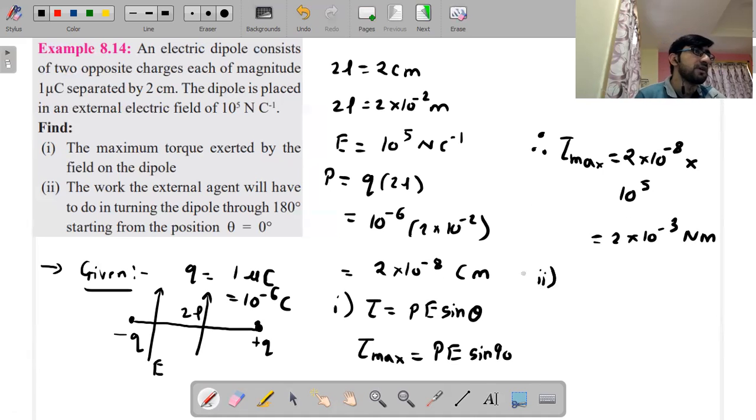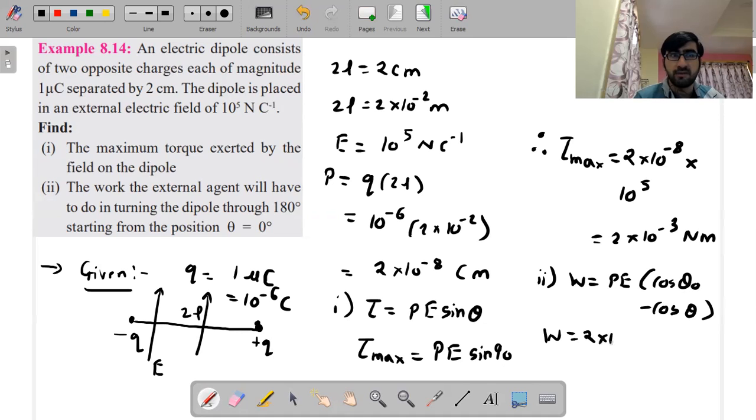पहला part खत्म. Second part, the work the external agent will have to do in turning the dipole through 180 degree. If you remember correctly, work done was given by PE cos theta 0, मतलब initial angle, minus cos theta, मतलब final angle, right? So P की value पता है हमको 2 into 10 power minus 8.